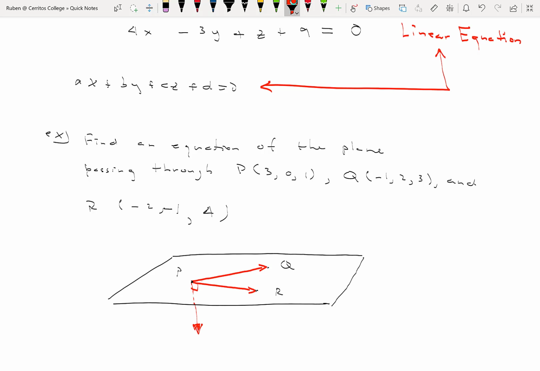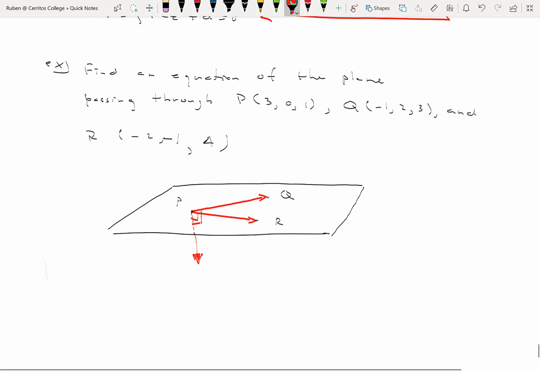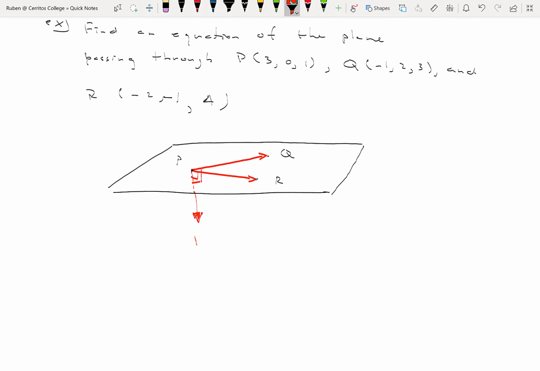But that vector is going to be perpendicular to both vectors, because the cross product is in fact perpendicular to both vectors. PQ cross PR will be a perfect choice for my normal vector. So, a little work to do.